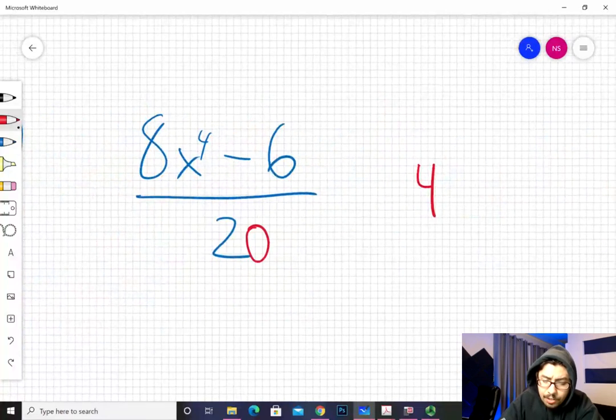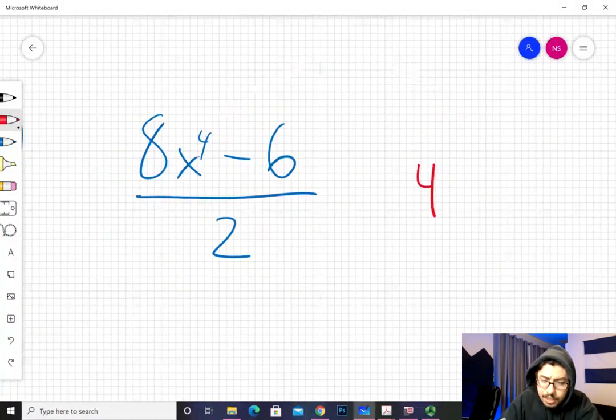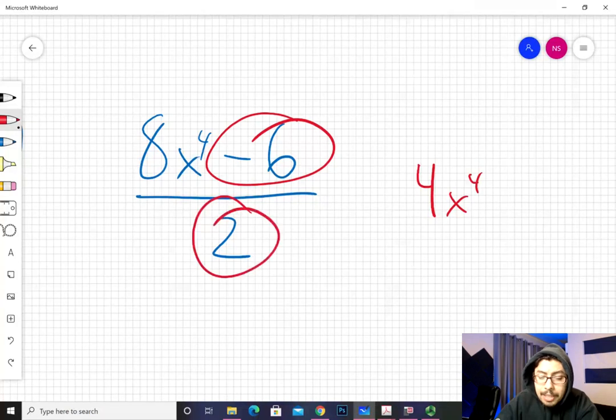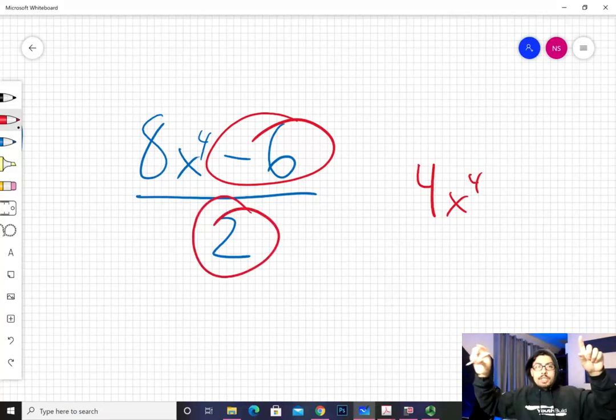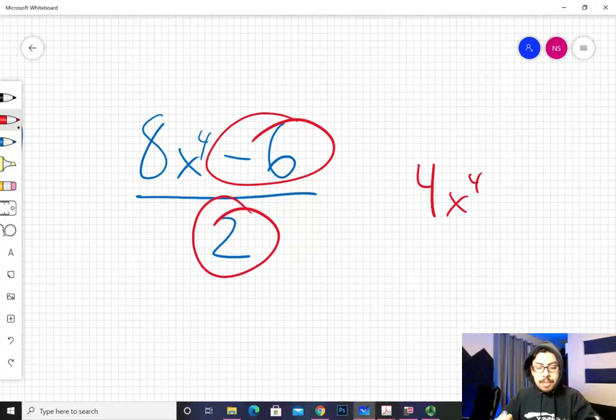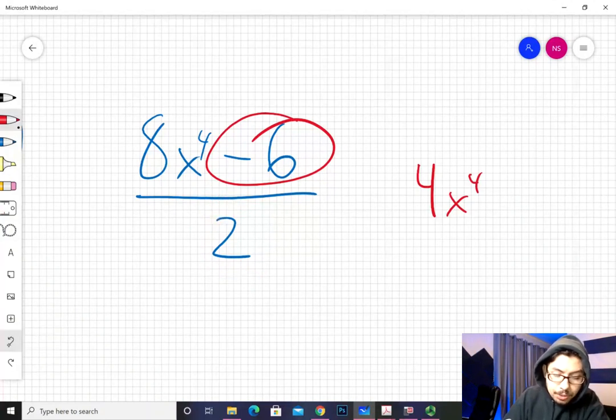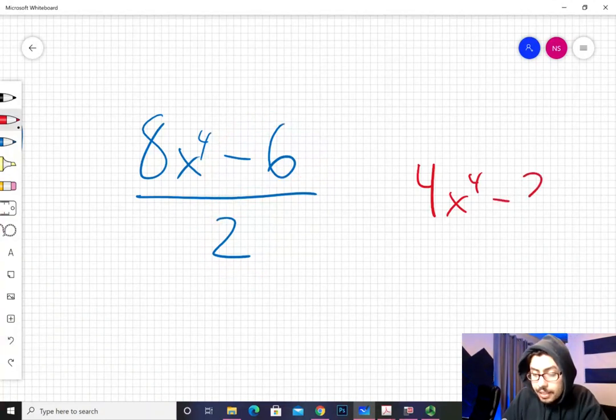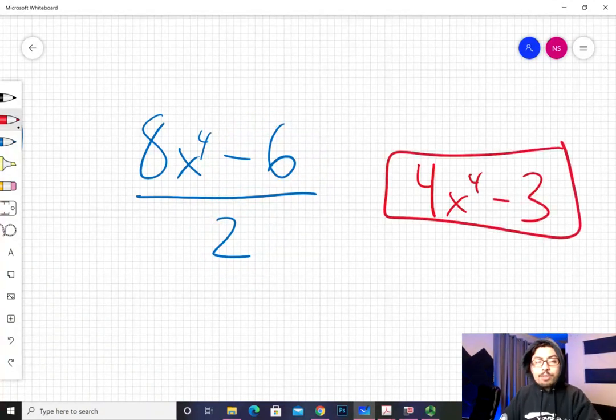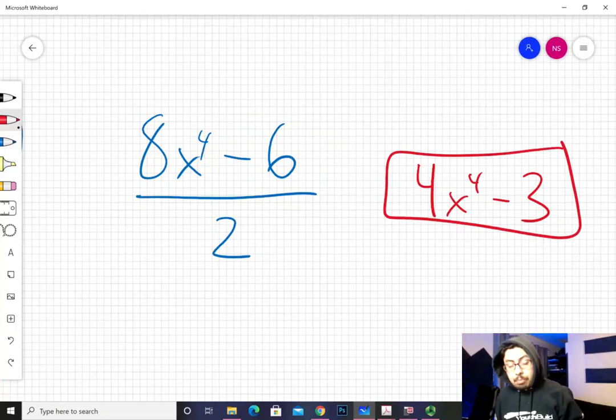If you don't see a variable here, no x, nothing, you just bring it over exactly the way it is. Not a big deal. And then here we do the same thing. -6 divided by 2. Everything at the top always gets divided by everything at the bottom. So -6 divided by 2 gives me my -3. And just like that, we solved it, right? That's the first example, my friends.